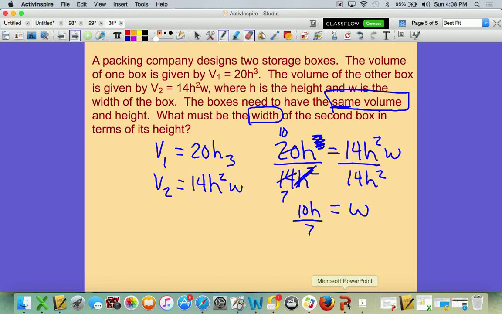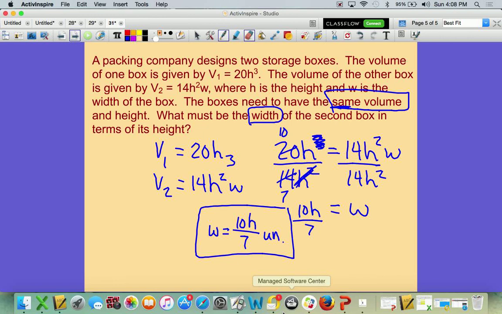I don't see any. So w would equal 10 times h over 7 units. And for width, we are just talking about distance, so it's not a units squared or anything like that. It's just a w here.